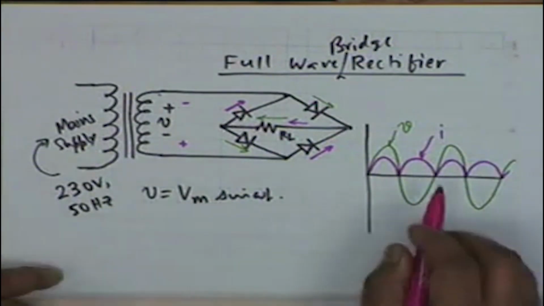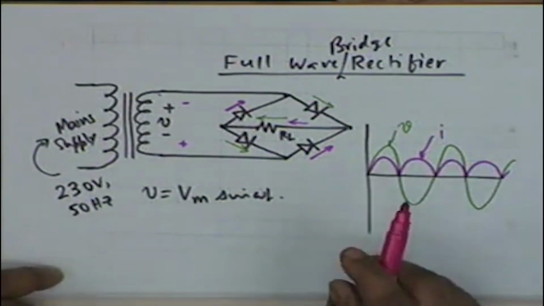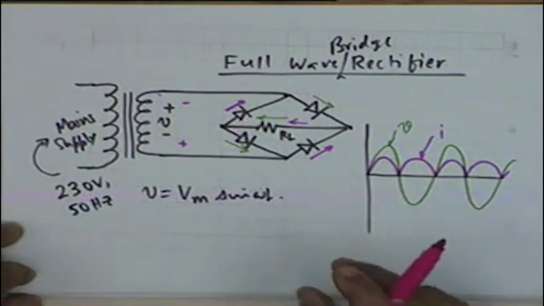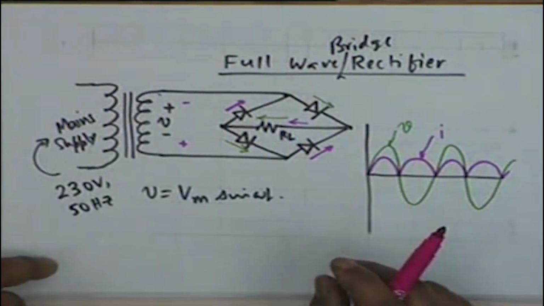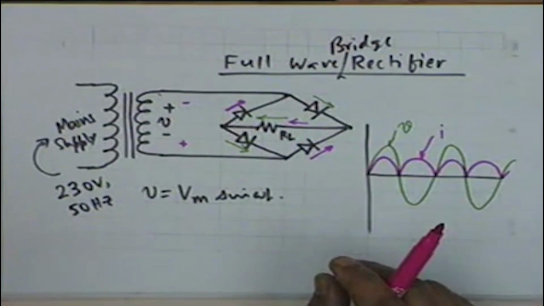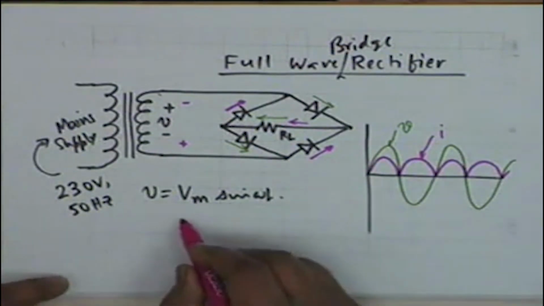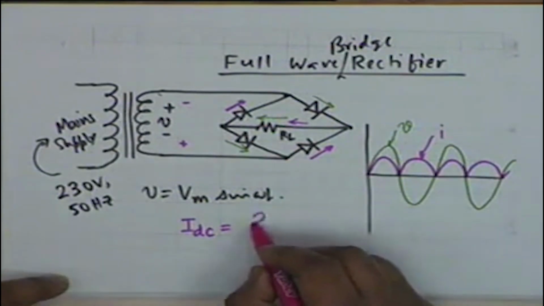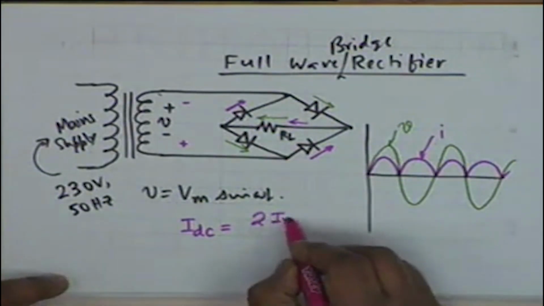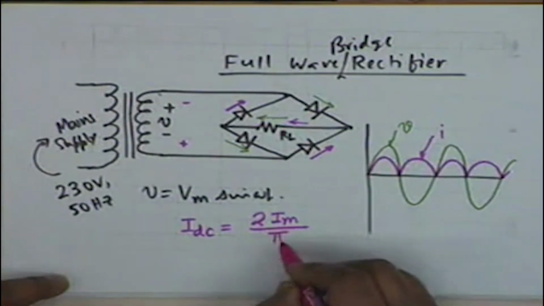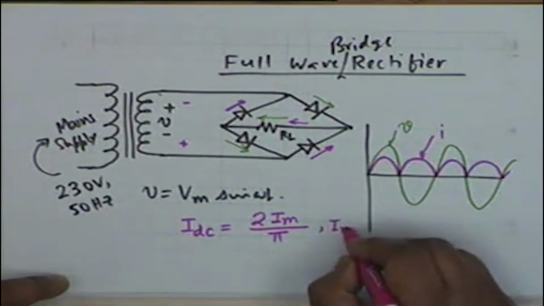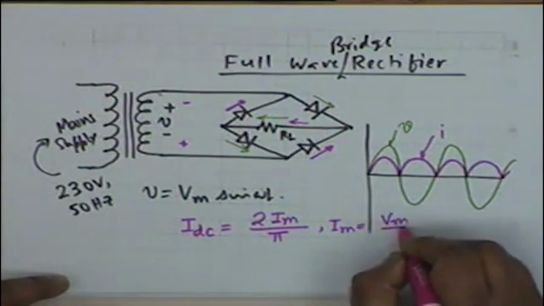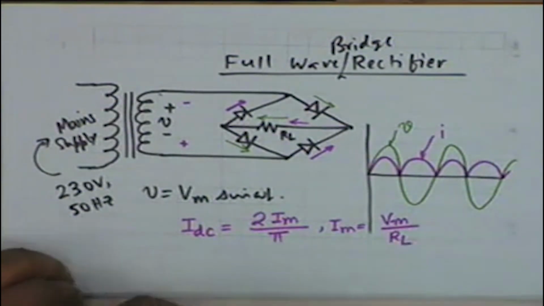Obviously now, as far as I is concerned, the DC value, the average value, shall be twice the value for the half wave rectifier, and without any calculation I can say that I DC shall be equal to twice Im, the peak value, divided by pi, where Im is Vm divided by RL.